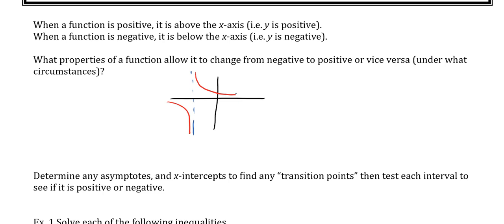So it's negative, negative, negative, negative. We get to an asymptote. On the other side of the asymptote, maybe not. This isn't a guarantee, but on the other side of the asymptote, you're now above, right? So here's positive, here's negative. So vertical asymptotes.